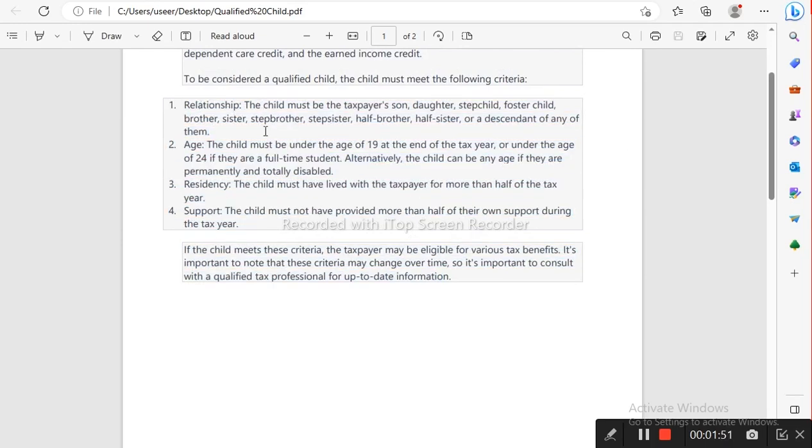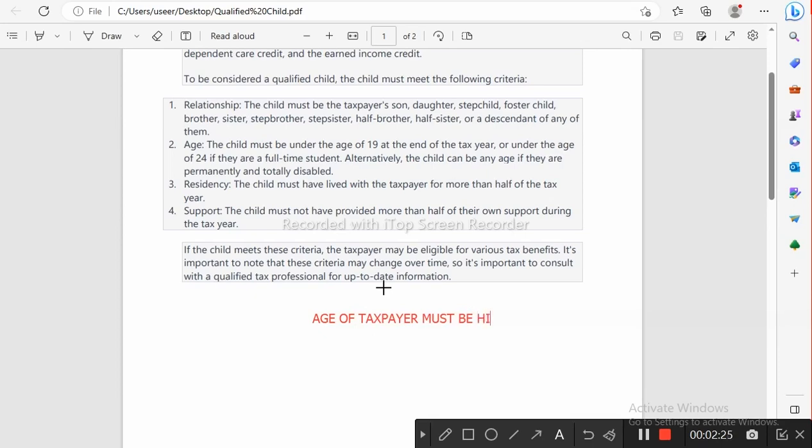First is relationship. The child must be the taxpayer's son, daughter, stepchild, foster child, brother, sister, stepbrother, stepsister, half brother, half sister, or descendant of any of them. It is important to note that the age of the taxpayer must be higher than the dependent's.